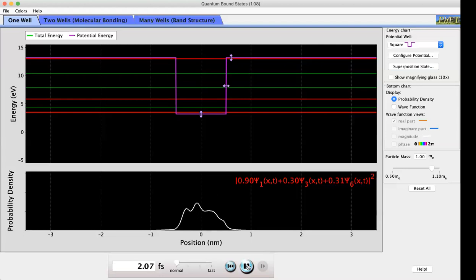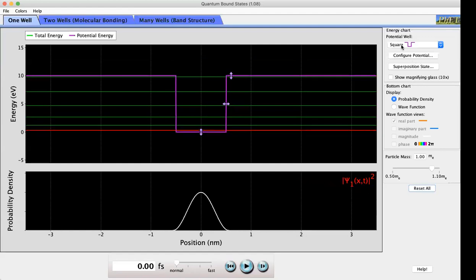So if I prepare a bunch of particles and then make the position measurement right now, this is what the outcome of an ensemble of position measurements would look like. The histogram would look like that. Whereas if I make the measurement at a different moment, the probability density would look like this. The probability density is time dependent in a superposition state. Okay, so that's the square well.